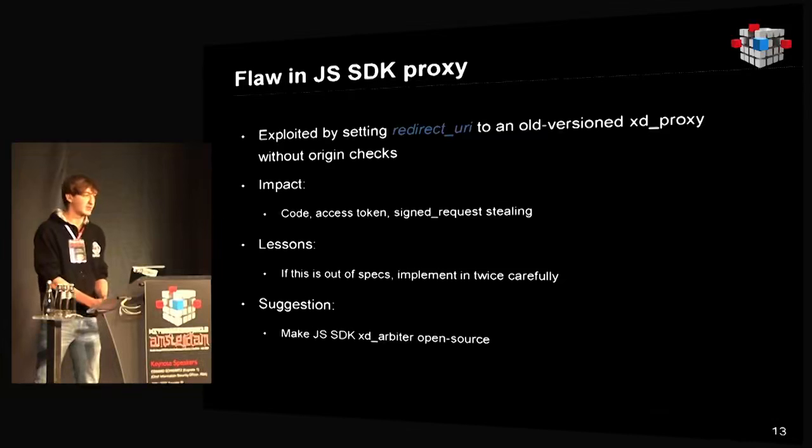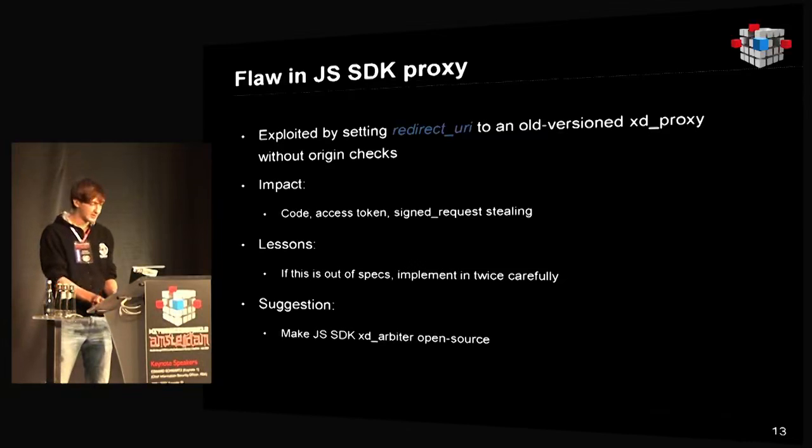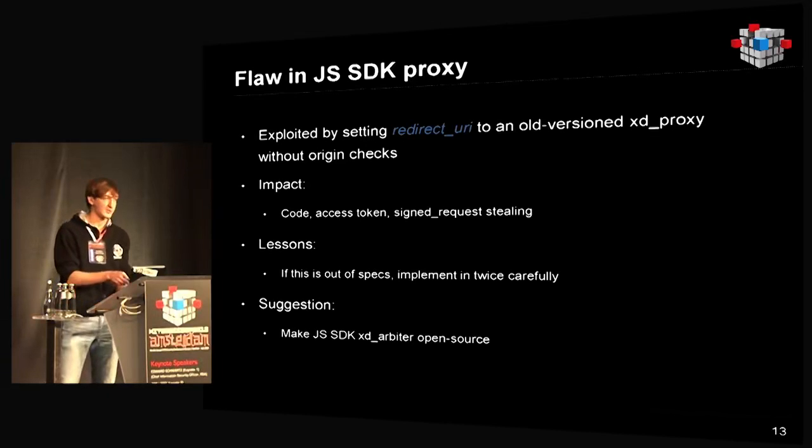So I think lots of bugs were submitted to Facebook regarding this issue. They patched this, they added origin checks, but they added them incorrectly. Then they patched it again. I think my bug was just one of those bugs, where I tampered with the redirect URI to point to the old version of the XD proxy, where there were no origin checks.